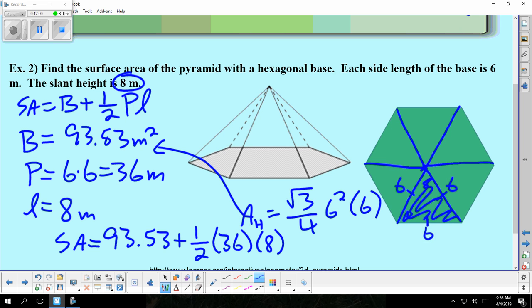And I get a surface area of this hexagonal pyramid of .53 meters squared. Remember now that we're back in surface area, it's not meters to the third power, it's meters squared.